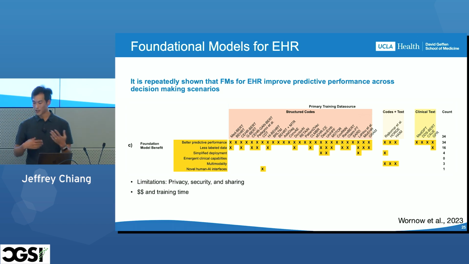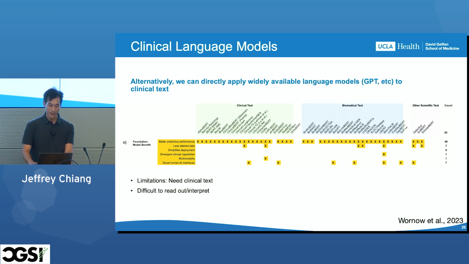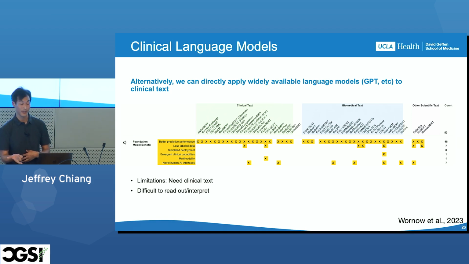I've been talking about this approach where we train a brand new foundation model for these EHR. Alternatively, we can use widely available language models, for example, GPT or Llama or other models trained on natural text, and apply them to clinical text. In addition to the structured fields that you get in an electronic health record, like diagnostic codes and laboratory values, the clinician also comes up with pieces of text.